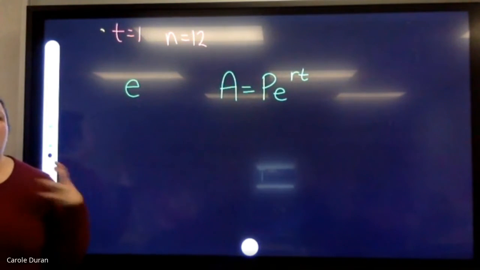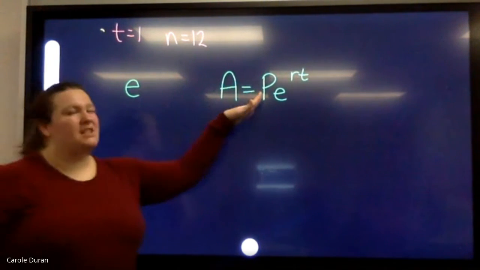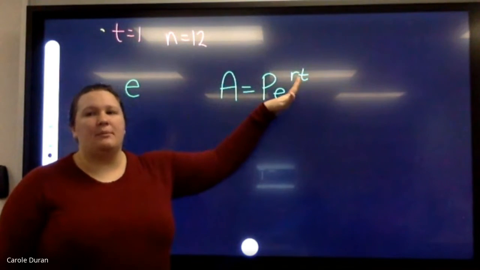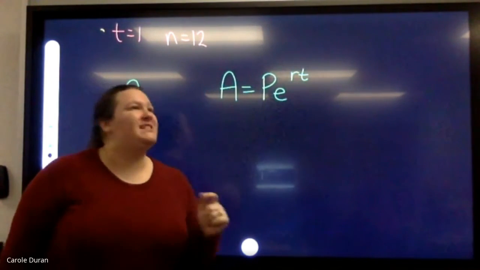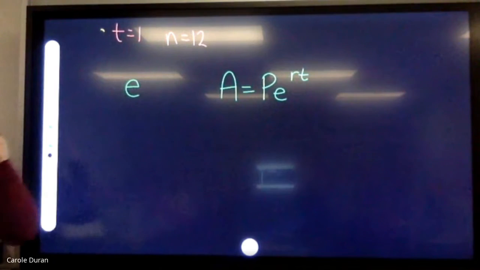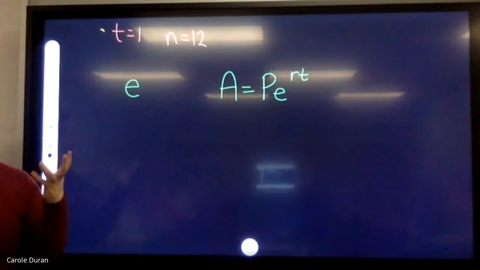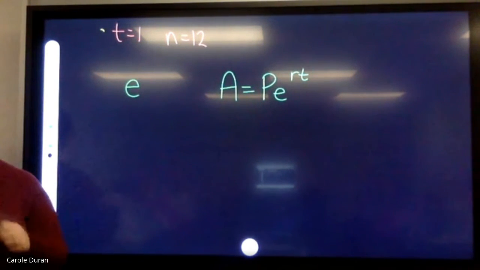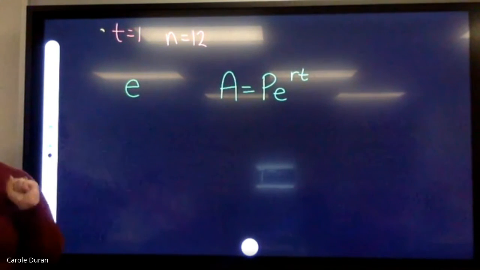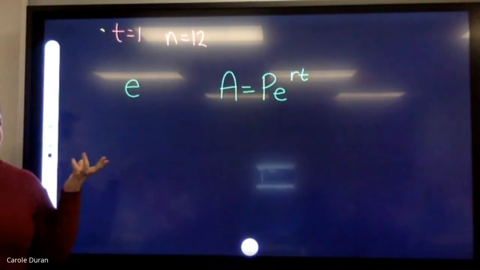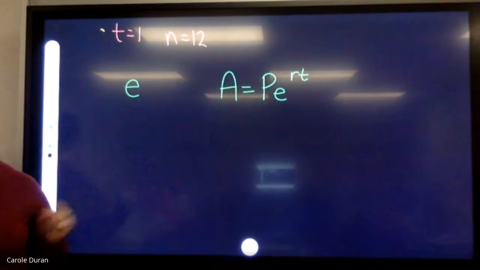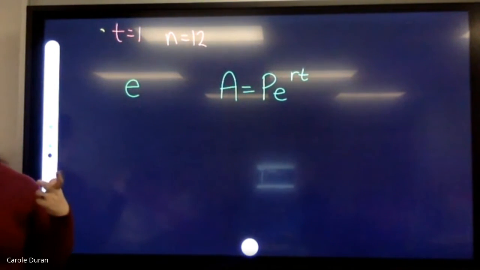So if I wanted to compound continuously, my P is still my principal, my r is still my interest rate as a decimal, and my t is still the amount of time that I'm letting it sit in this account, or letting it grow or decay in interest. Then I would just plug it directly into my calculator and get my answer, just like on the previous problem. I actually think this one's a little bit easier.